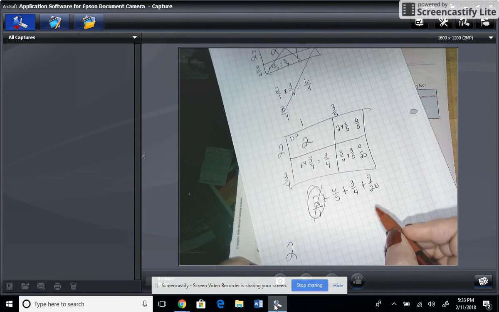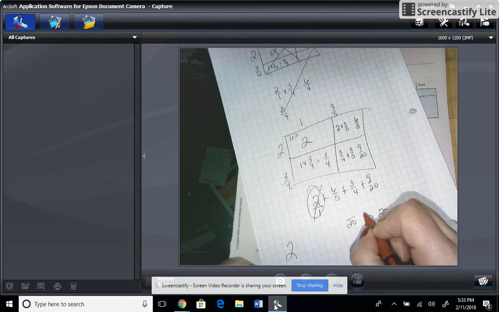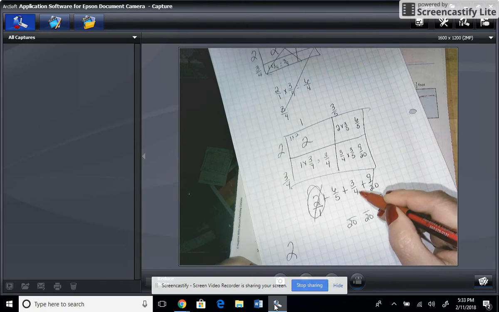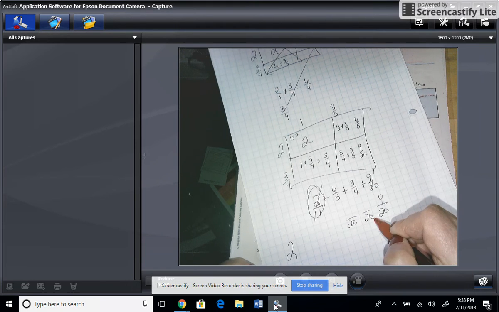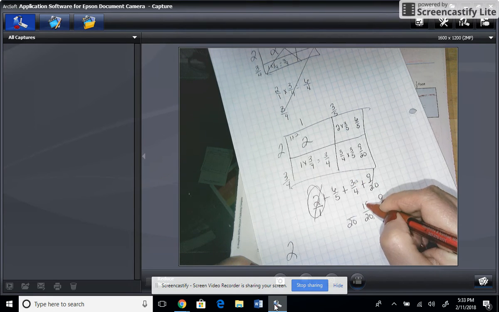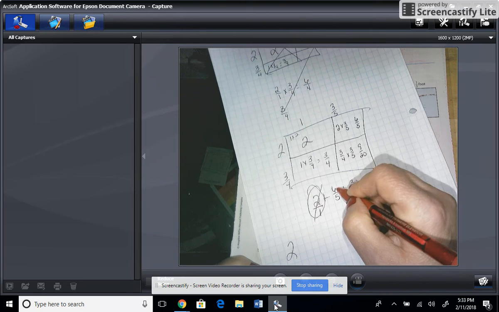And I know right away 20 is my common denominator because I know my multiples of each number. This one's going to stay the same. So 4 times what got me to 20? 5. So 3 times 5 is 15. 5 times what got me to 20? 4. So 6 times 4 is 24.